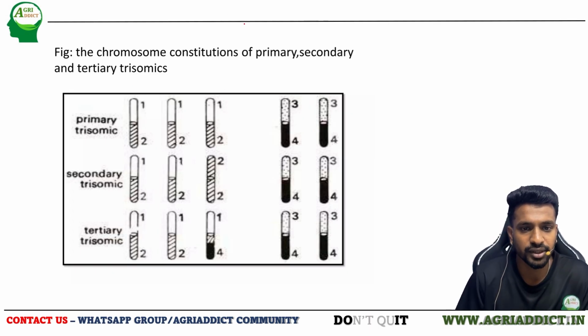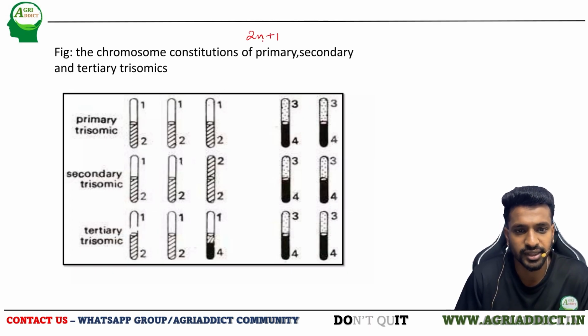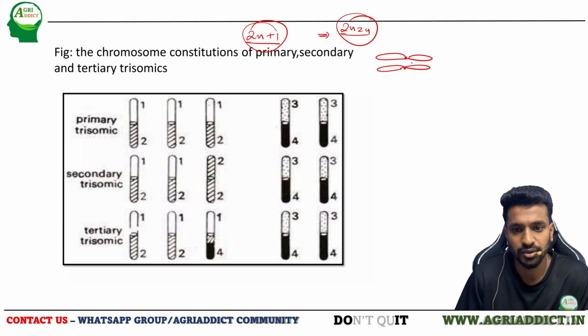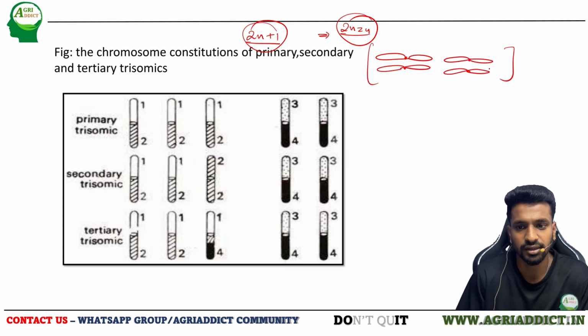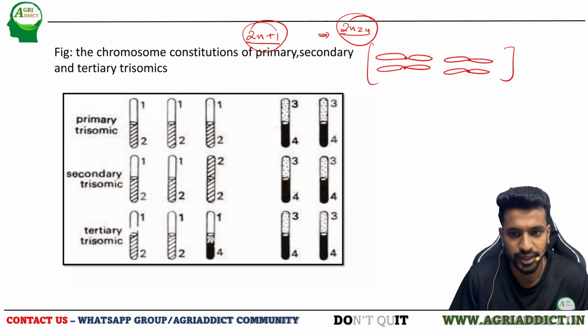I told you the trisomic is a condition where there is an extra chromosomal complement. For example, let us assume that 2n is equal to 4, so there will be 2 copies of each chromosome. This gives us a representation of 2n equal to 4.